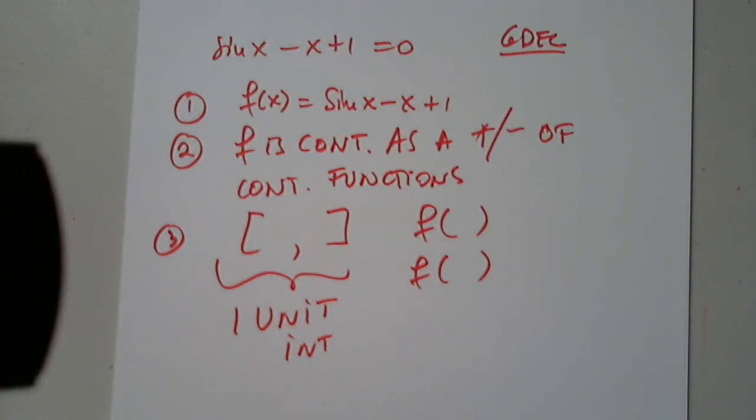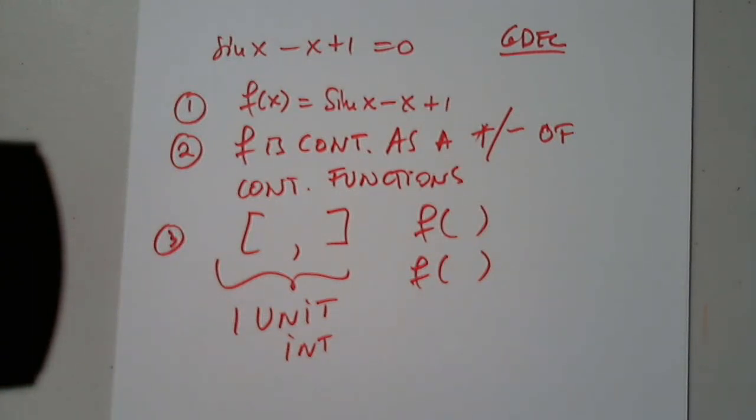I'll go to y equals, clear everything, and put in our function, sine x. Make sure your calculator is in radian mode. Minus x plus 1, please. I'll start simple with 0, then 1, and then 2.